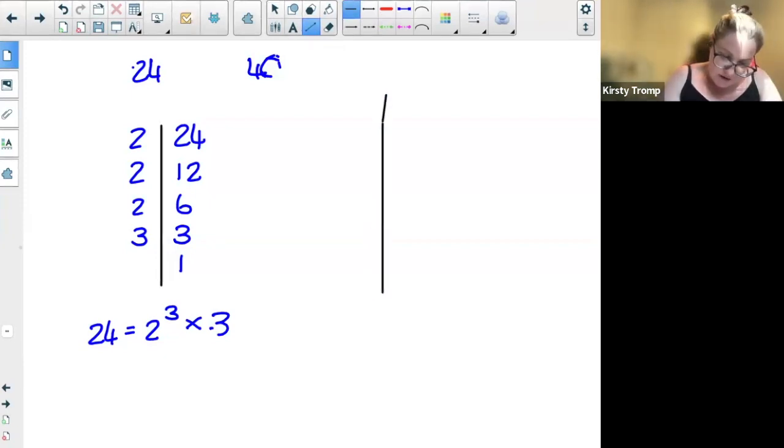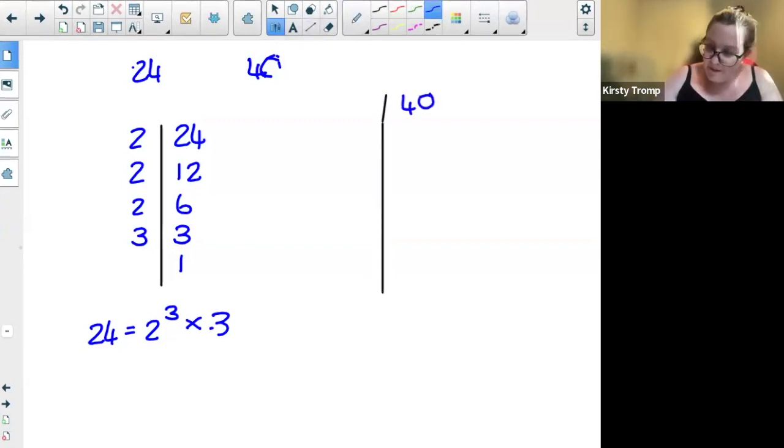Good. Right. Azande, are we going to do 40 together? Yes, ma'am. Okay. Azande, what's the first prime number for 40? 2. Good. So 2 goes into 40 how many times? It becomes 20. Well done. Then what do I go right next? It becomes 2 again. Good. And I get? 10. Good. Then?